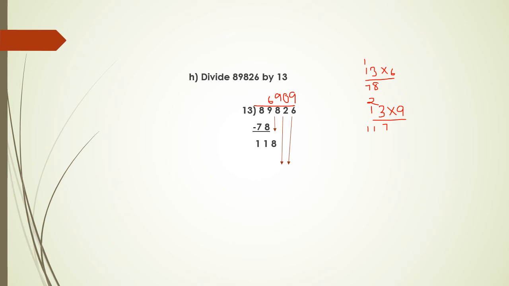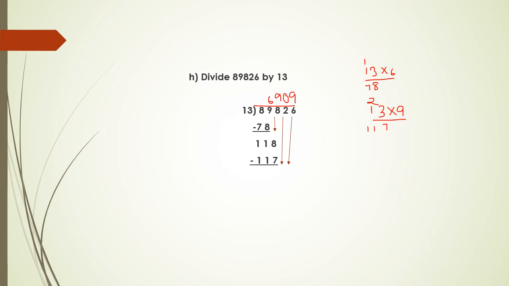Then 9 plus 2 is 11. So now we got 9 times 13 is 117. Now 118 minus 117, you will get 1.